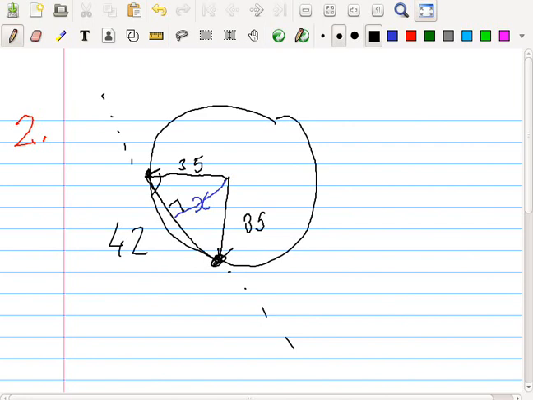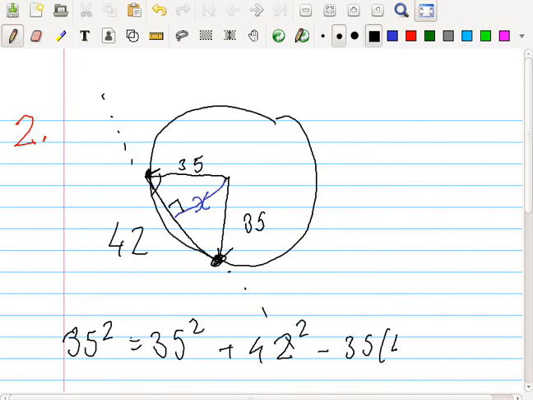So using the cosine rule, I want this squared equals this. So cosine rule says 35 squared equals 35 squared plus 42 squared minus 35 times 42 times cos A.